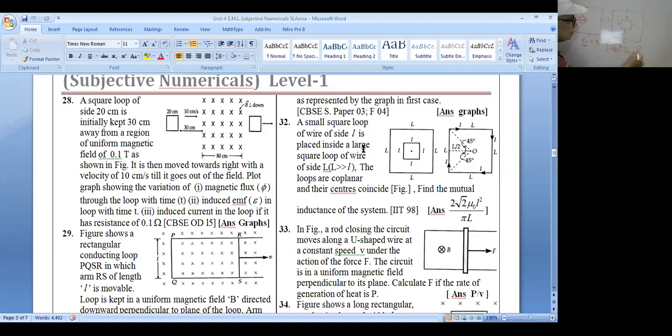By using this formula, we can find out the magnetic field here. And mutual inductance: if you find the magnetic field B times A, that is the flux linkage. Now flux upon this current gives the mutual inductance. Just see the solution.